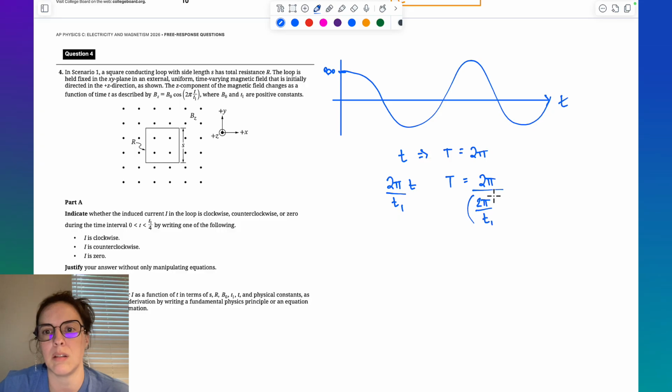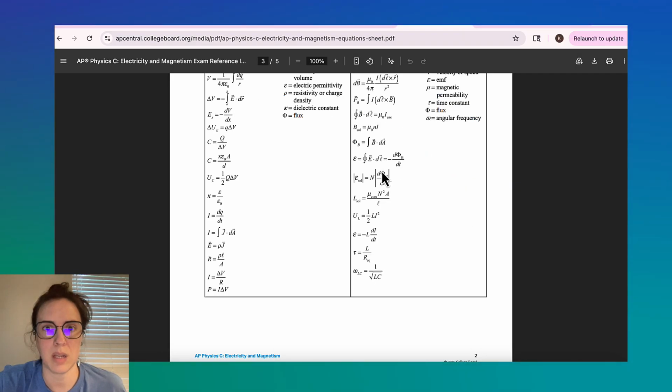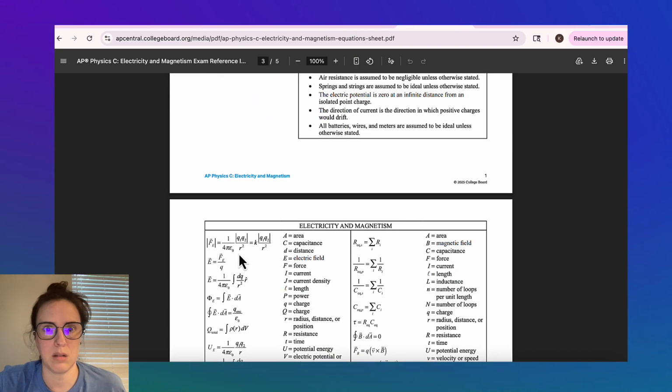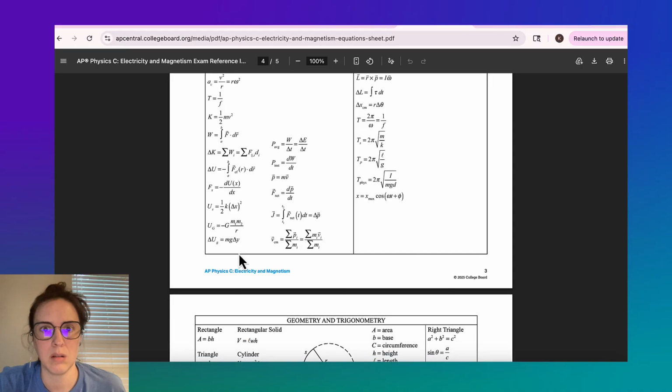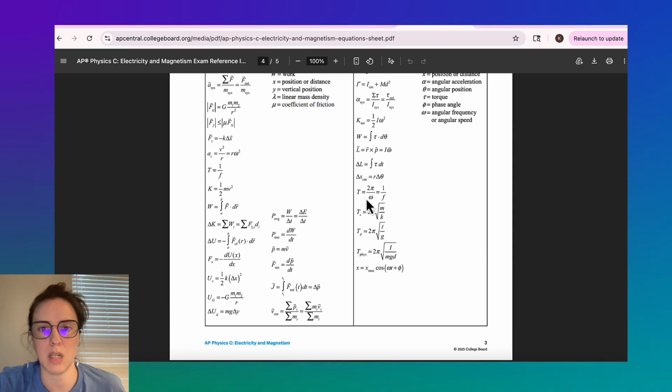Which, if you're not the most mathematically inclined person, is going to swing up and be T1. If you don't have a solid grasp on how sine and cosine functions work, you could also pull this from your equation sheet. That's probably going to be on the simple harmonic motion part, which is down here.